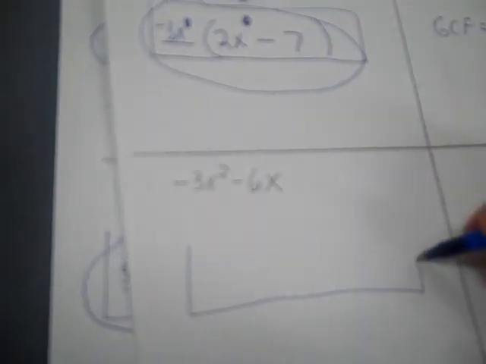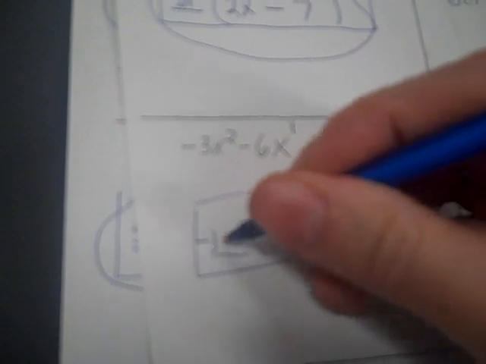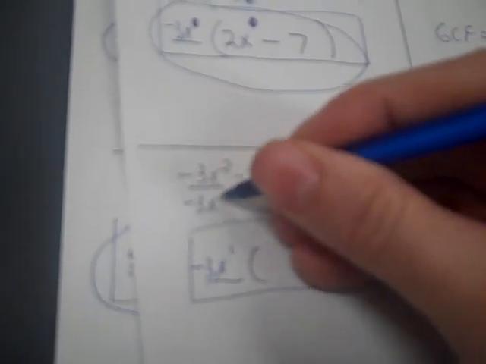2 more. GCF, negative in front. Yep. You have x second and x1. So x1's the GCF. Okay, then 3 and 6. You get 3. So negative 3x to the 1 comes out, and then we divide these by negative 3x to the 1.